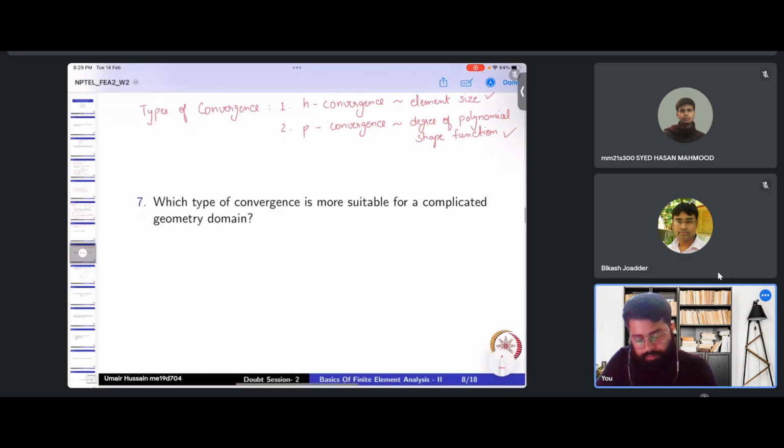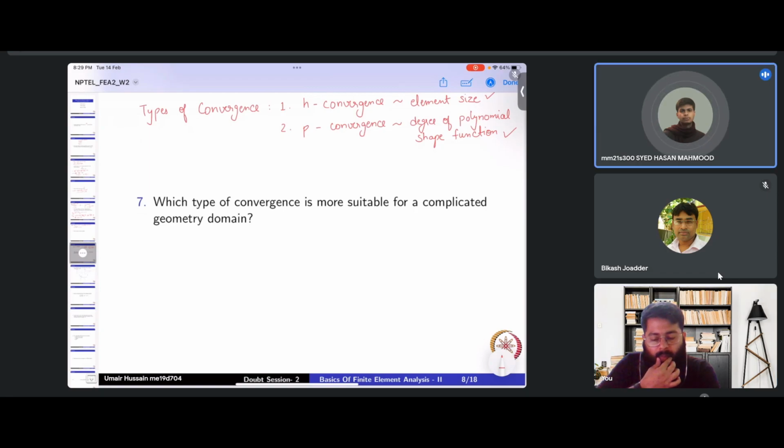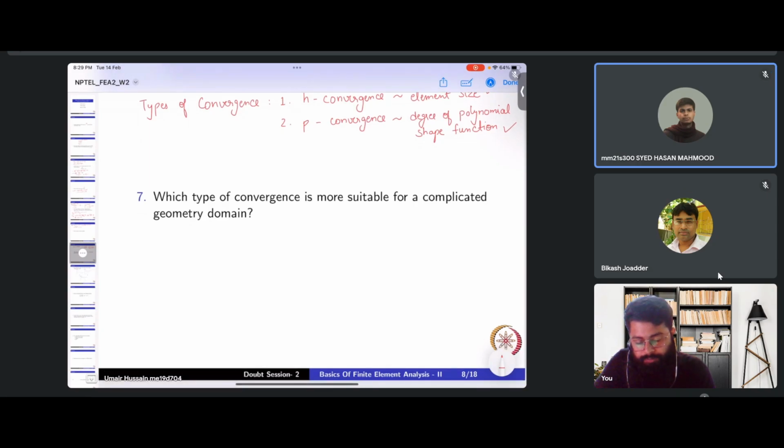So for a complicated geometry domain, what do you think is more suitable? Maybe if we use very small element sizes, it can approximate the geometry better, and convergence will be faster. Right, exactly.